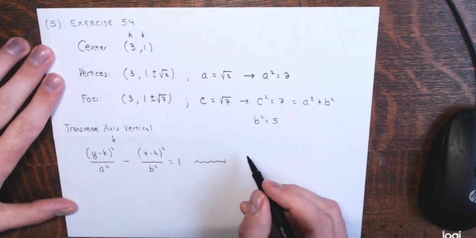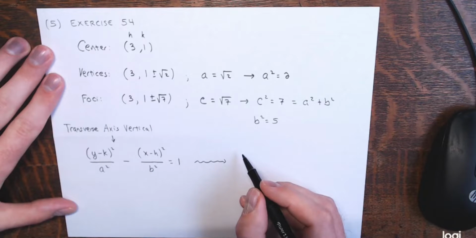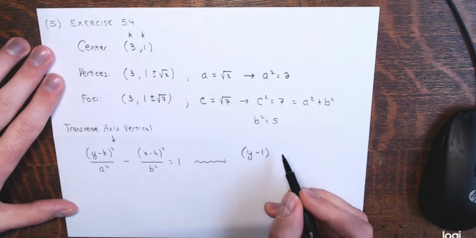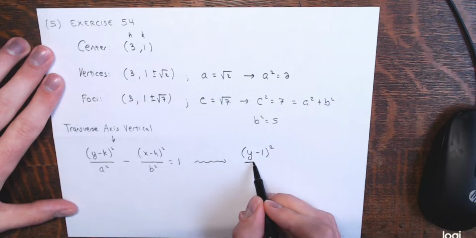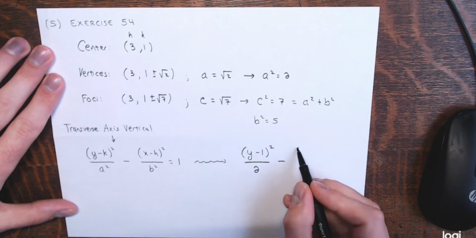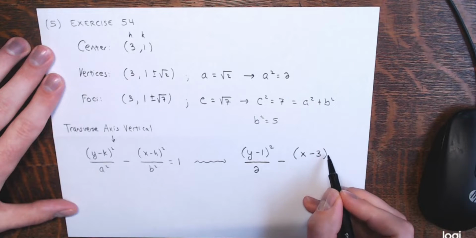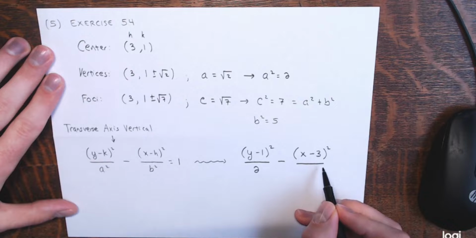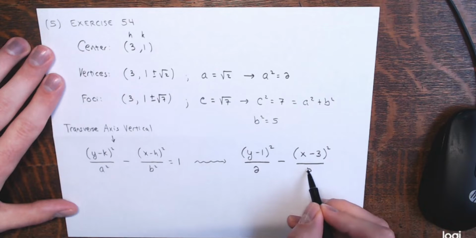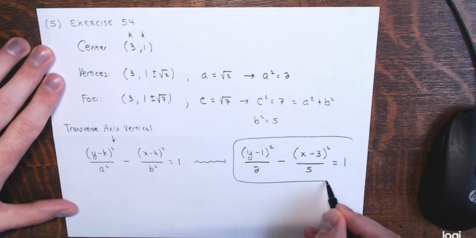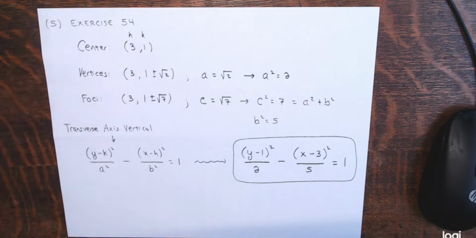So the equation of this particular hyperbola we're shown would be y minus 1, right, y minus k squared divided by a squared, we said was 2, minus, and then x minus h, x minus 3 squared divided by b squared, we found was 5, equals 1. And there's the equation for all described by that picture.